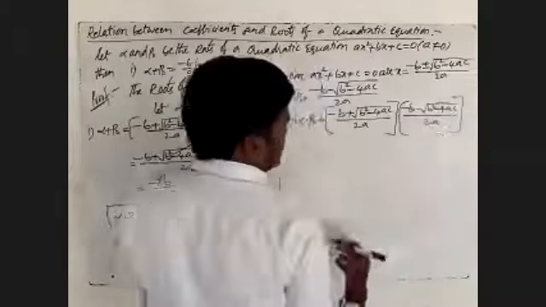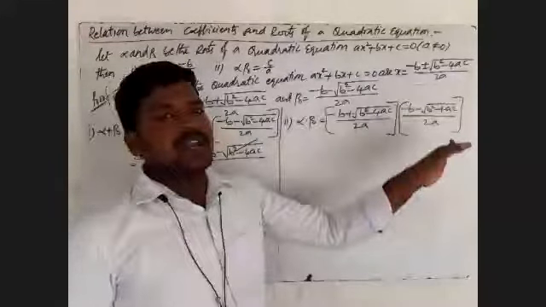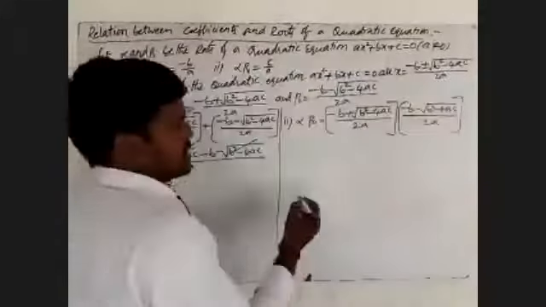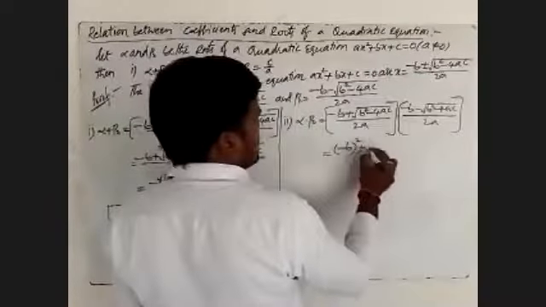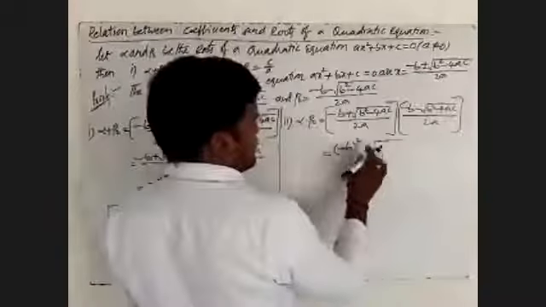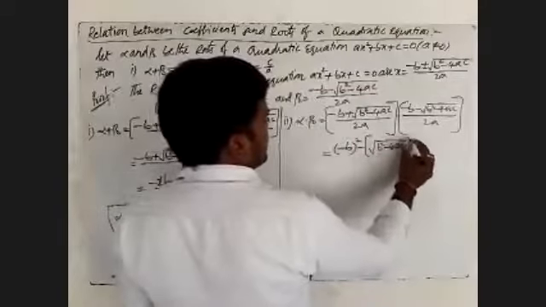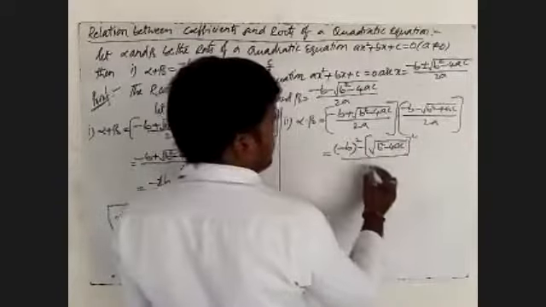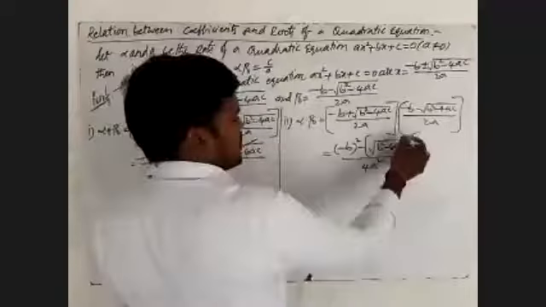The numerator is of the form (a plus b) into (a minus b), so it is minus b whole square minus (root of b square minus 4ac) whole square, by 2a into 2a, which is 4a square. Square and root will be cancelled.